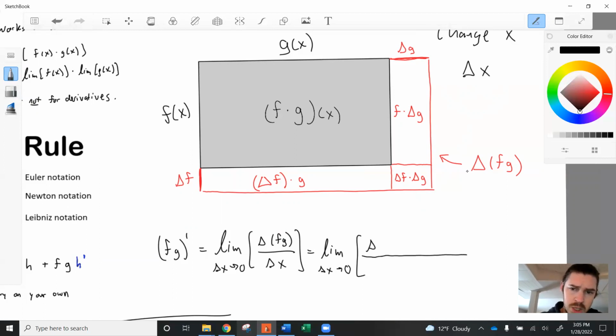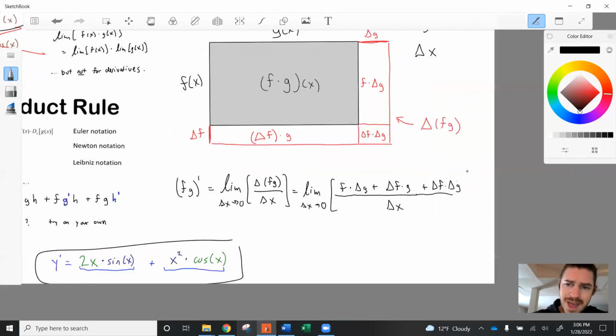It's going to be delta f times g plus f times delta g. Actually, let me write those in the other order. f times delta g plus g times delta f. I'm trying to write it in a way that makes it very similar to the product rule. And then plus delta f times delta g. And all of that's divided by delta x.